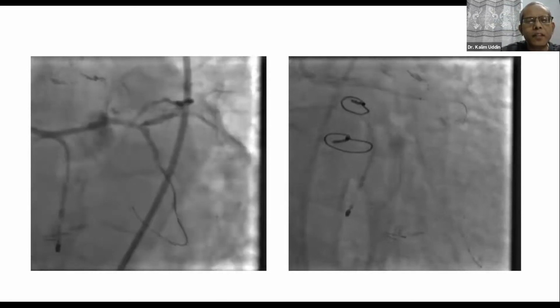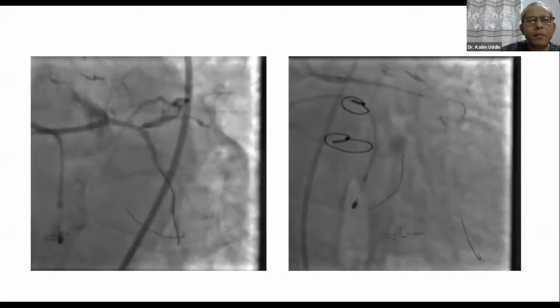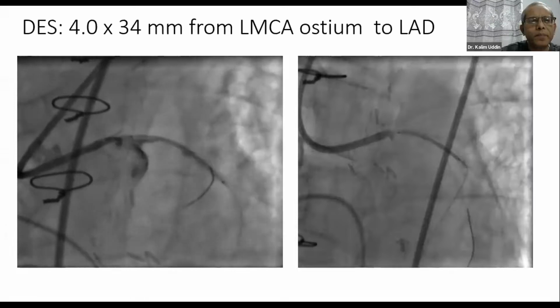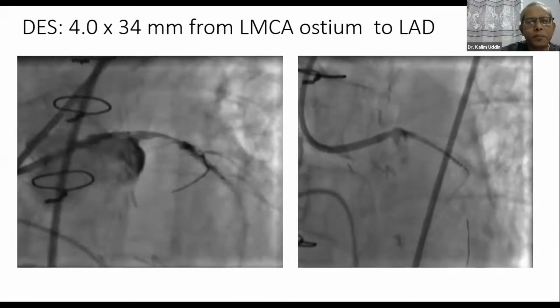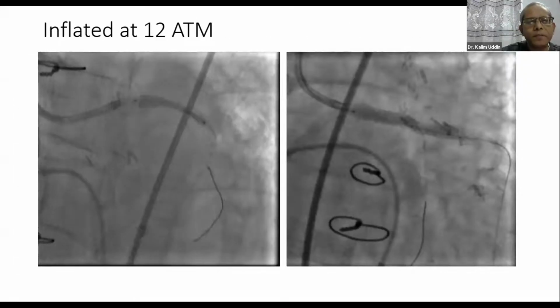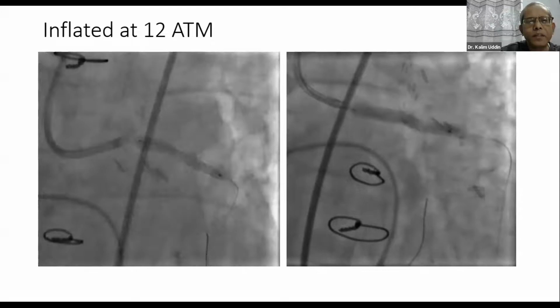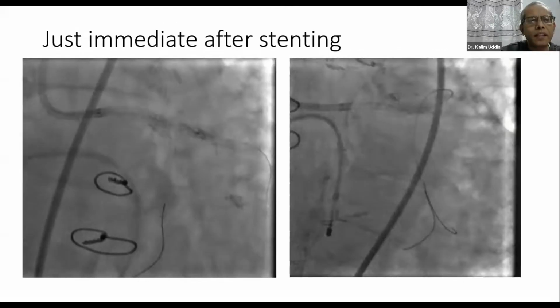A 4 into 34 millimeter drug-eluting stent was positioned from the ostium of the left main to the LAD. We took several views to see the position of the stent and inflated at 12 atmospheres. This is immediately after stenting.